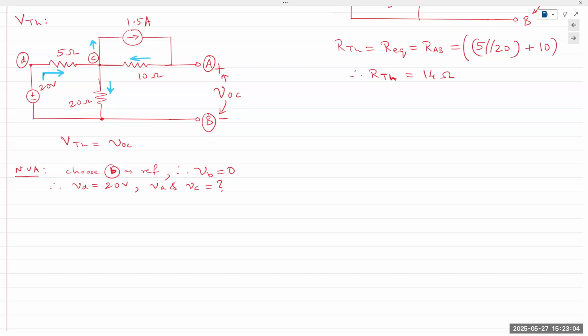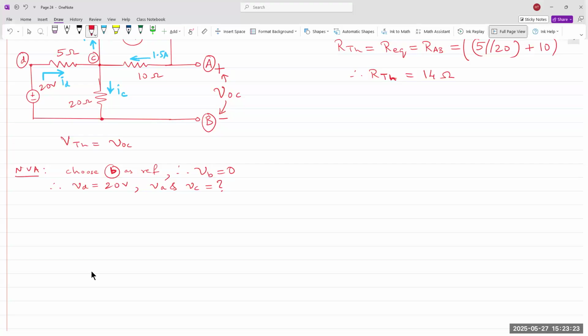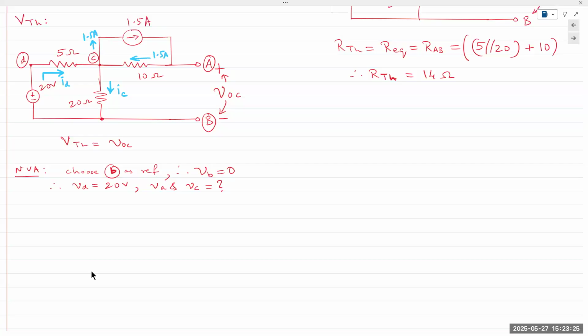This is going to make our job easier. Okay. Look at the 4 branch currents. What do you see?